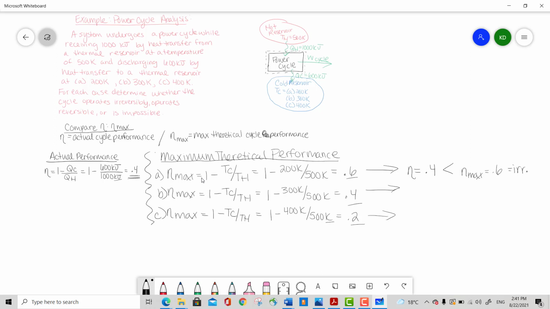Okay, and then we have 0.4 equals 0.4, right? Because our 0.4 equals 0.4, and that is reversible. And then we have 0.4, which is our actual performance, is greater than 0.2, and then that is impossible.